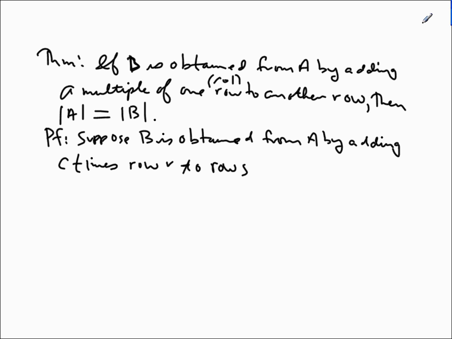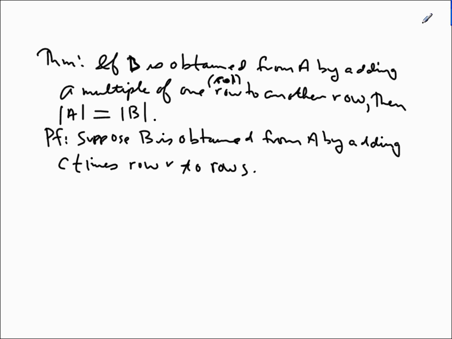Why? Because the determinant of A and the determinant of A transpose are the same. Suppose B is obtained from A by adding C times row R to row S.